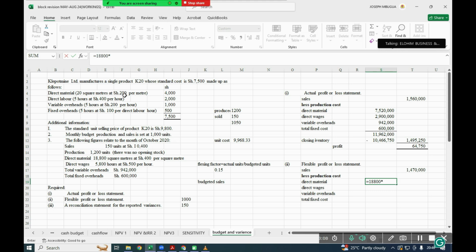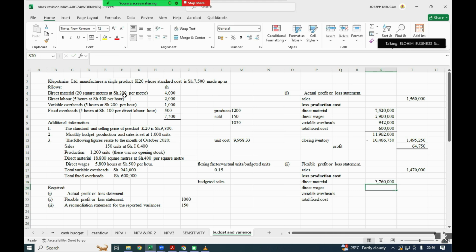What was budgeted was 200, so we shall multiply that by 200, the amount of direct material that was budgeted, which was 3760. We shall prove that when we calculate the budgeted and see whether it will still yield the same value.